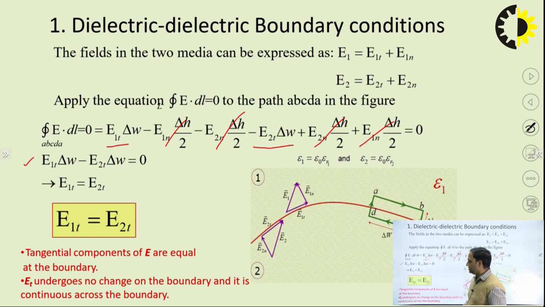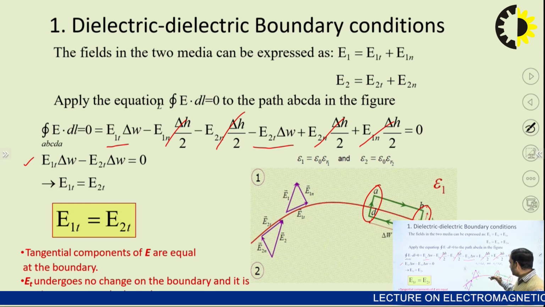This equation is from the path A, B, C, D, A. The important point is that when we move from B to C or from D to A, the electric field changes, because in the below medium it is electric field 2 and in the above one it is electric field 1.